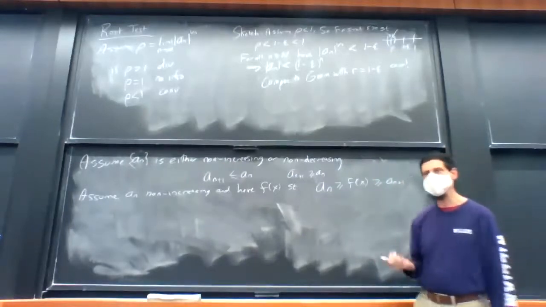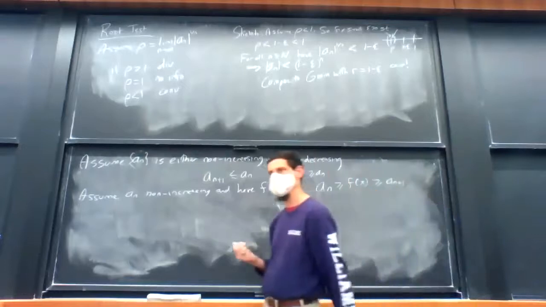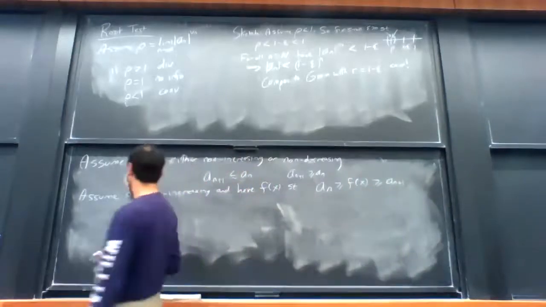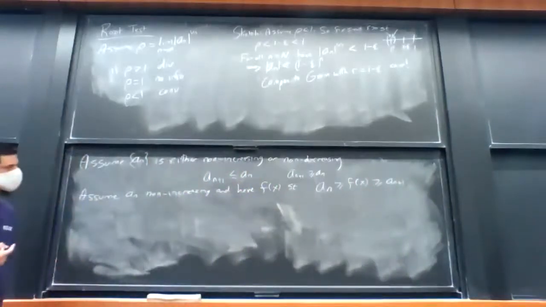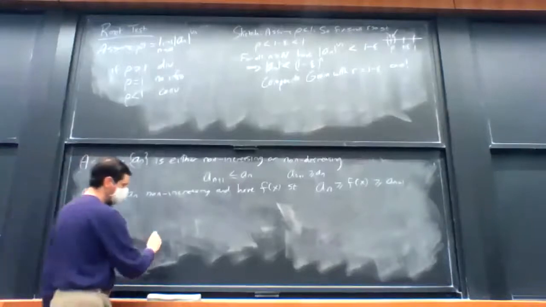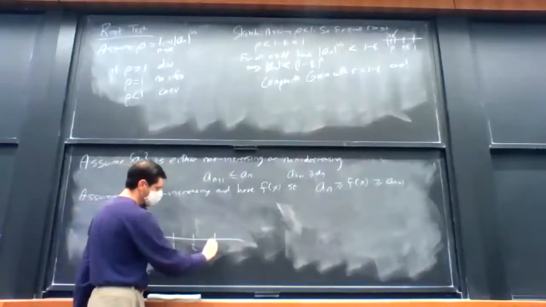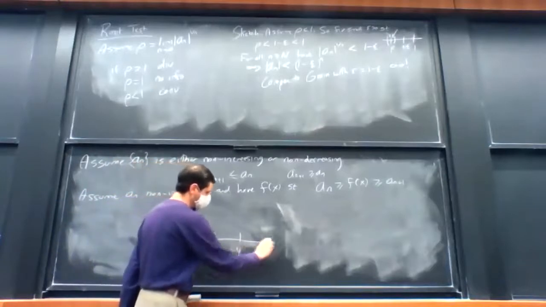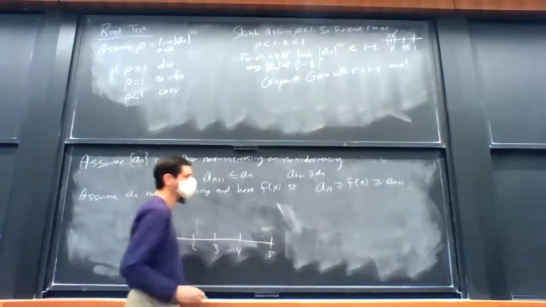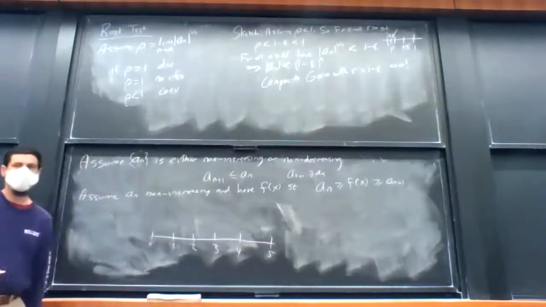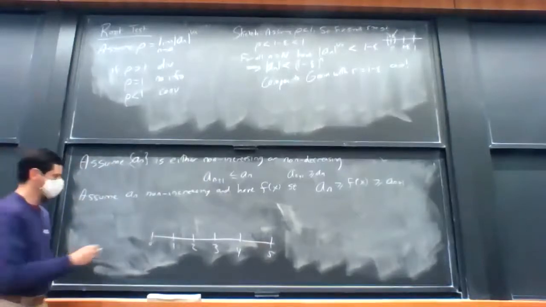So if I give you the function 1 over n, what would you try for your function? 1 over x. And then what I'm going to do is I'm going to just do an analysis, and then from the analysis we'll extract the result. 0, 1, 2, 3, 4. So let's look at the sum of the first 4 terms.